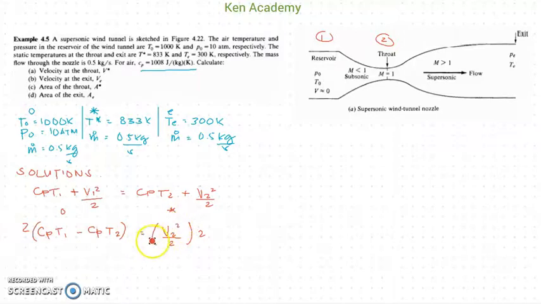And to remove the squared, I will get the square root of both sides of the equation.